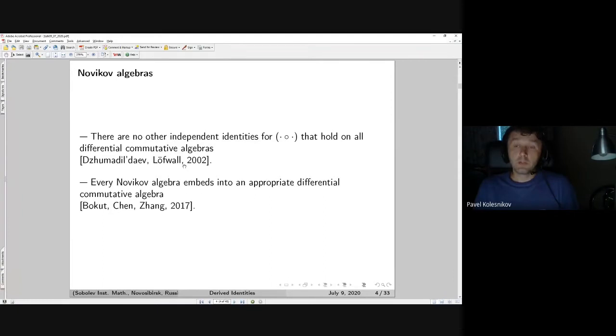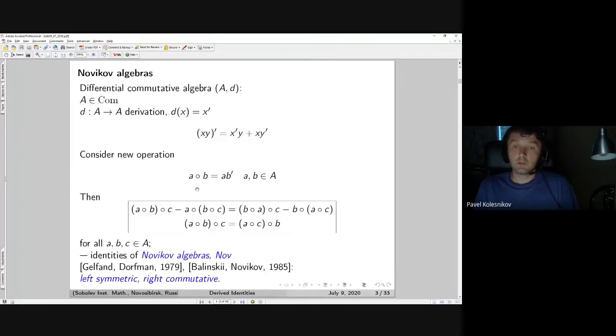They proved that the free Novikov algebra embeds into the free differential commutative algebra. And therefore, if an identity holds for commutative differential algebra, then the same identity must be true in the free Novikov algebra. But the Novikov algebra is generated by these two identities.